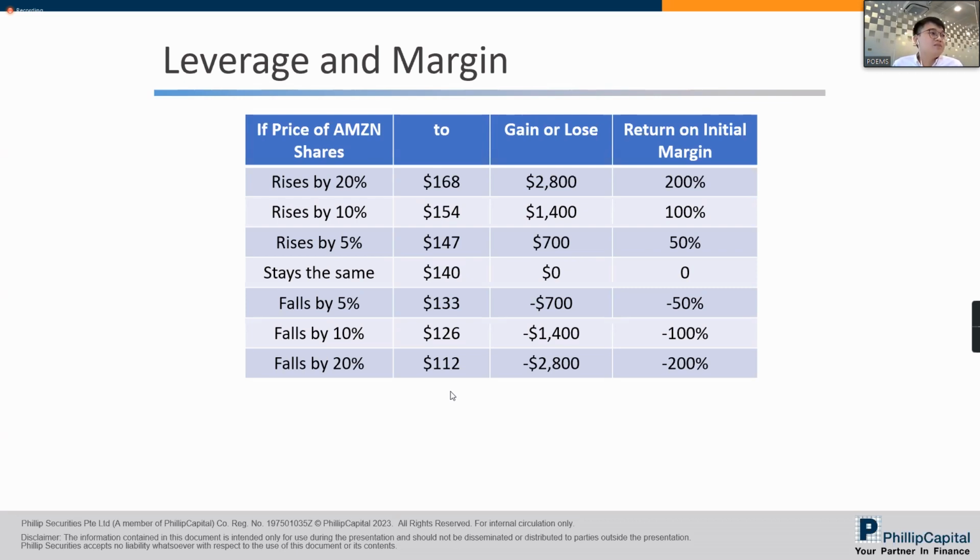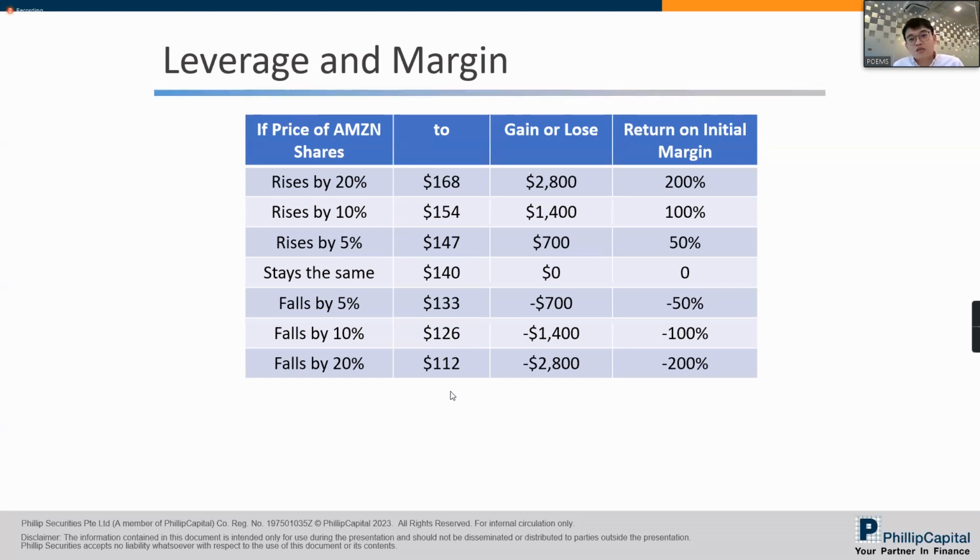If it rises by 10%, which is a price of 154, the gain will be 1,400, which is 100% as you are leveraged by 10. If it rises by 5%, the price goes up to $147, your gain will be 700, which is 50% of the initial margin. If the price stays the same, there is no loss and no profit.